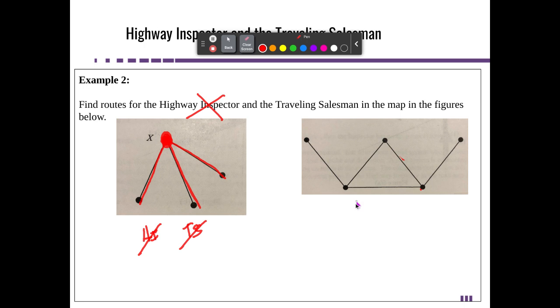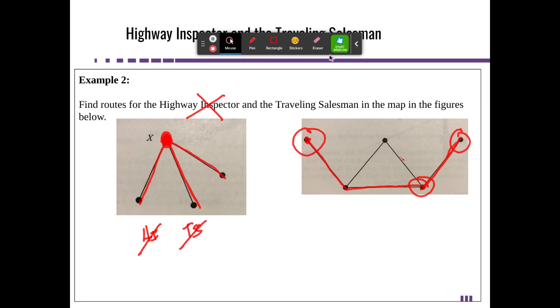Let's take a look at the next one. So traveling salesperson wants to go to every town once. So let's just say hypothetically we started here. That'd be 1 town, 2 towns, 3 towns. Oh, okay, well, maybe I can find a different way to do that. So that didn't work because I'd have to go back to this town a second time. So maybe I can start here and end here. Let's see if we can do that.